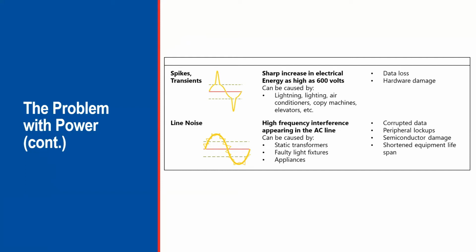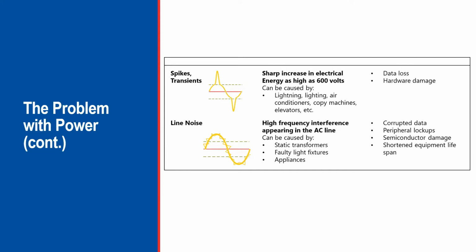Industrial buildings tend to have machinery that can pull in a lot of power, which can create these spikes and transients. Some of the potential damages can include data corruption or loss and catastrophic hardware damage.